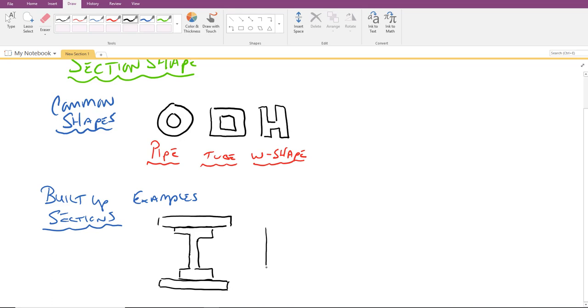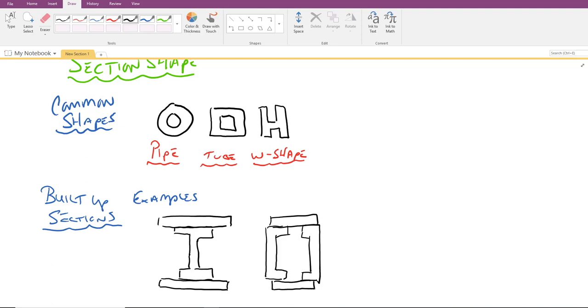Another example might be where you have some sort of a channel shape, looks like a C, and might have one on the other side right here, and to create a column they might have you again weld a plate on the top and the bottom, and again we've created sort of a tube type shape now out of pieces that we've got. More often than not, if these built-up shapes were to be used on a project, they'd be fabricated probably not on site, probably fabricated in a warehouse somewhere.